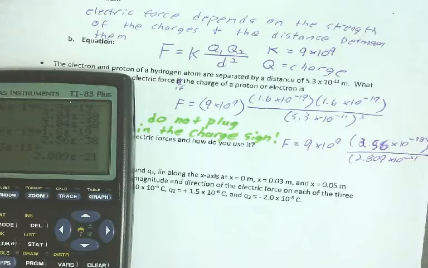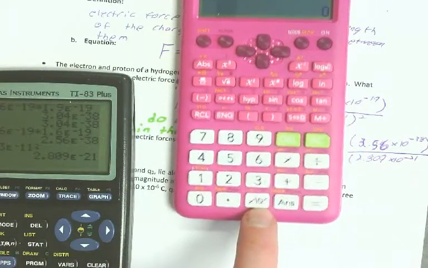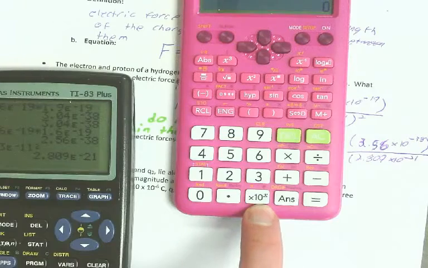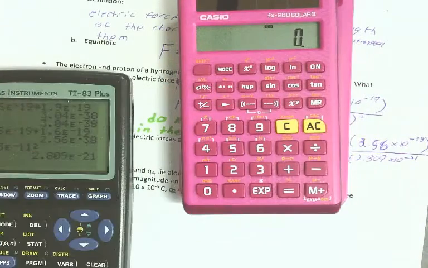Now, if you don't have a TI calculator, you might have a Casio. If you have a Casio, you're looking for a button that looks like this. At the bottom, usually under the 3, it'll say times 10 to the x, or it'll say EXP.